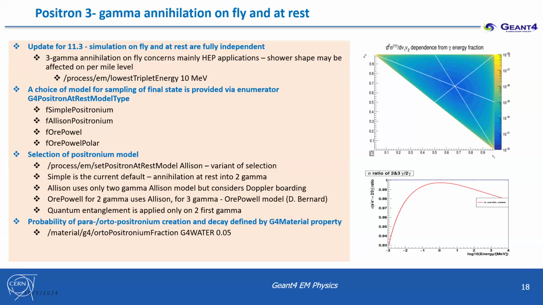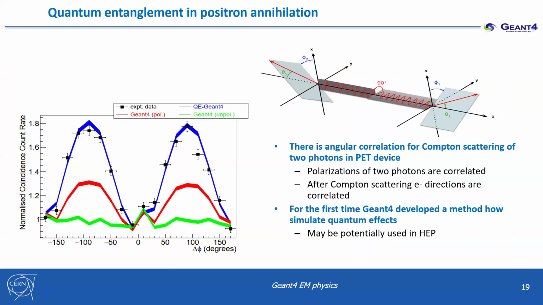There are different options to sample creation and decay of positronium. We have 4 variants, and we may define the model which you need in your application. The probability to create para or orthopositronium depends on the material. For a material, you may define these parameters which come from experimental data and have a more accurate simulation for these kinds of events. We have the possibility to simulate quantum correlation.